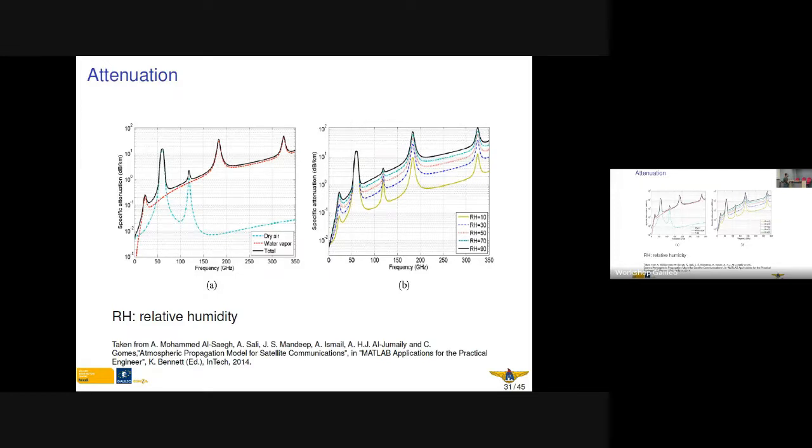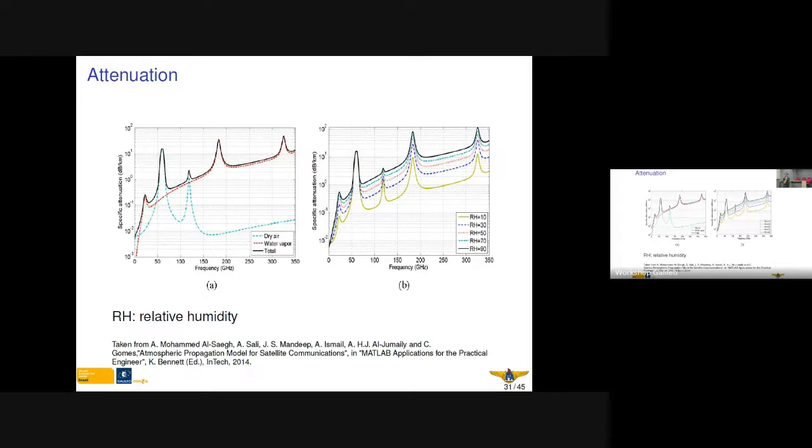I'm showing this here to show the effect. These resonances pretty much stay, these peaks at the same frequencies, but they get more or less pronounced when we have higher or lower water vapor.